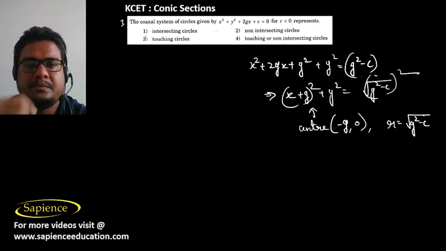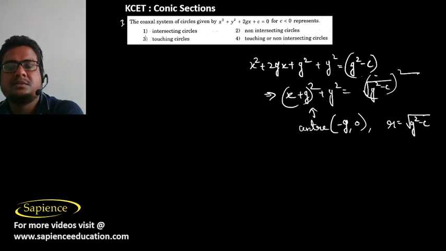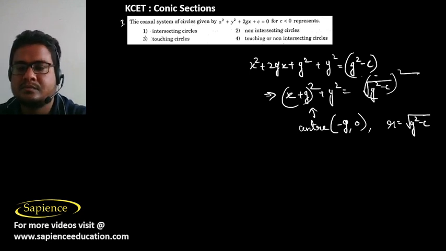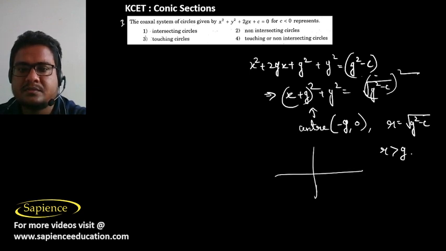So this represents intersecting circles, touching or non-touching circles. It means the radius is slightly more than g. It means the center is at minus g comma 0, so it is on the x-axis, and the radius is more than g.